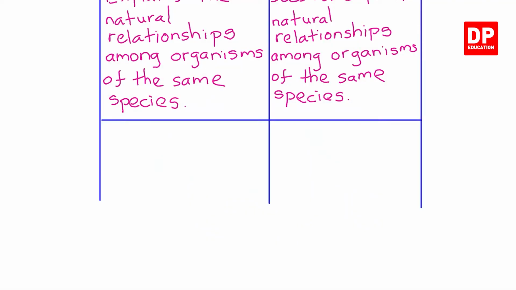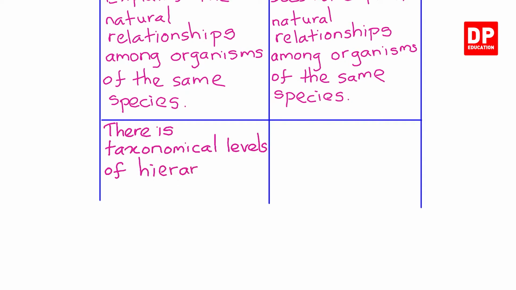So in natural classification, taxonomical levels of hierarchy are used in classification.